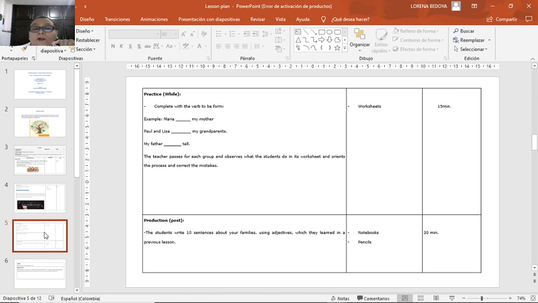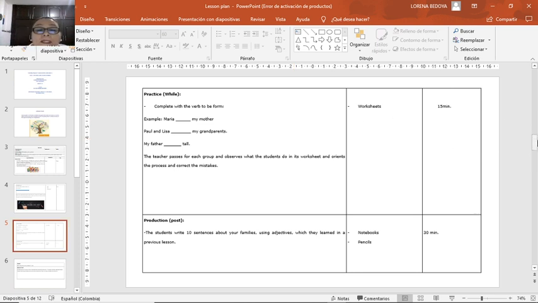For example, the first one says Maria, space, and my mother. They must put in this space is. The other one is Paula and Lisa, my grandparents, my father, and so on. The teacher passes by each group and observes what the students do in the worksheet, orients the process and corrects the mistakes.